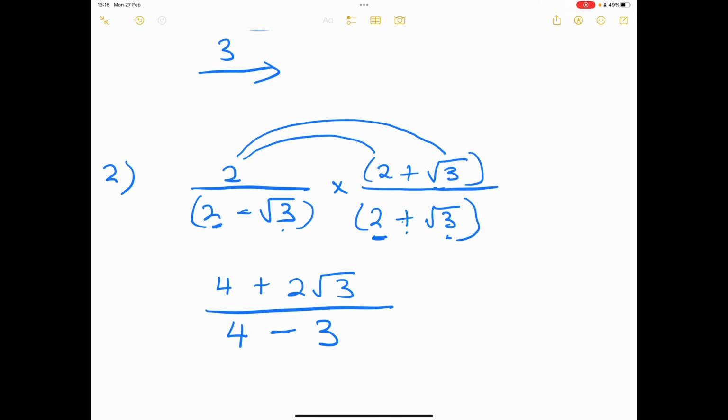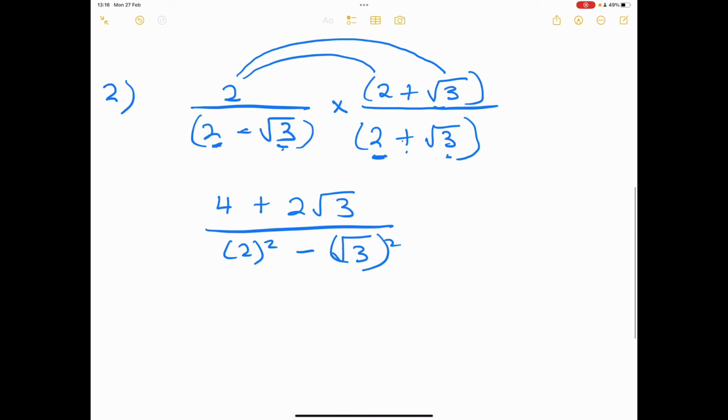Please keep that in mind. If you want to look at it in another way, you are simply saying this is going to be that number squared minus that other number squared. That's how you look at it. That would be your answer.